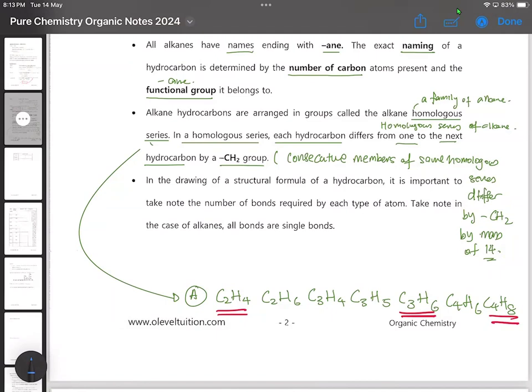You notice there's no C3H8 in the list, so not possible. And then C3H4, its next member is C4H6. So technically, these two are also in the same family. This is how we gauge members belonging to the same homologous series.